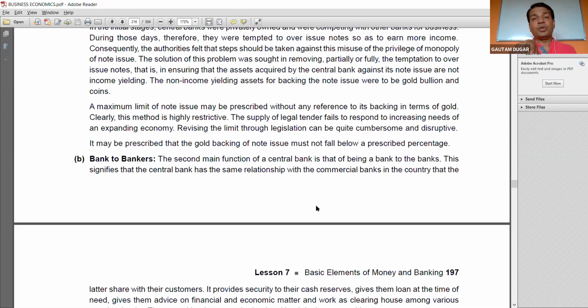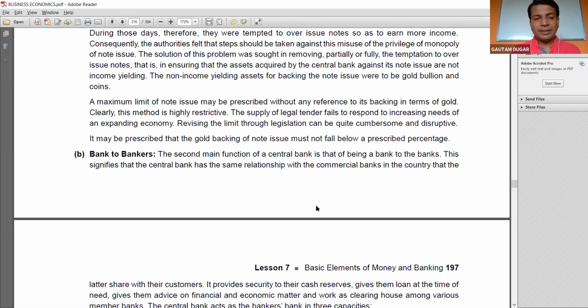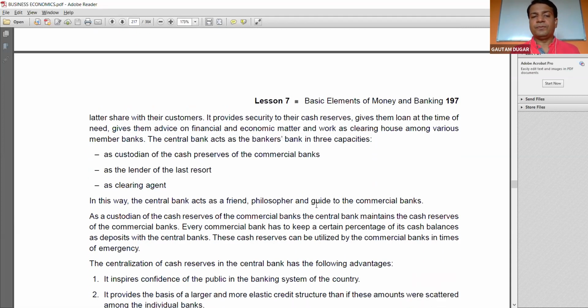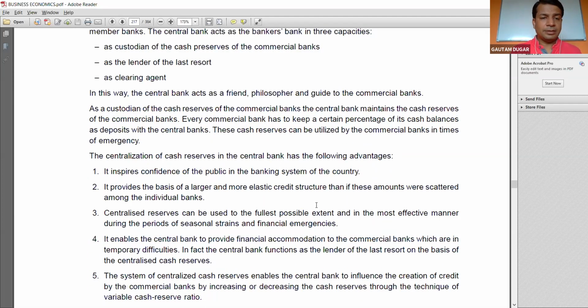And as I told you earlier, the excess reserves of all the commercial banks are maintained by the RBI. If the commercial banks require a loan, they borrow it from the RBI. If they want to rediscount their commercial papers and bills of exchange, they go to the RBI. So it's the bankers' bank.